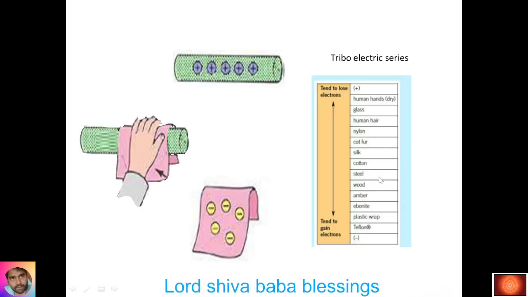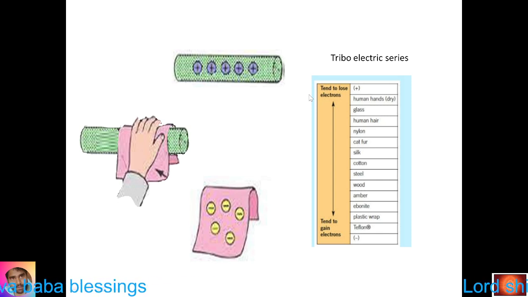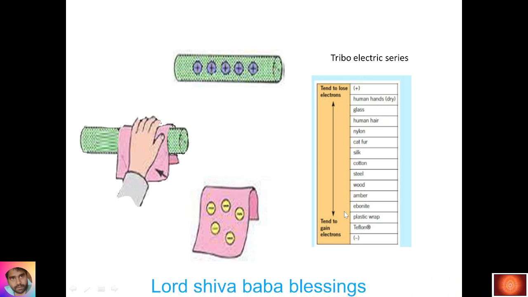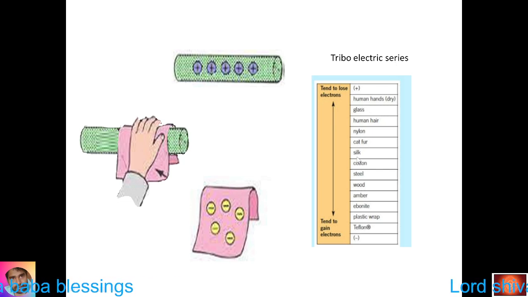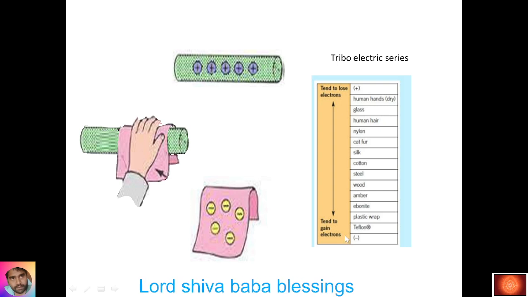There are many cases which we come to know by doing several experiments, rubbing one object against another, and the list of objects rubbed against one another is called the triboelectric series. Here the object at the top of the list has a tendency to lose electrons and the object at the bottom has the tendency to gain electrons.